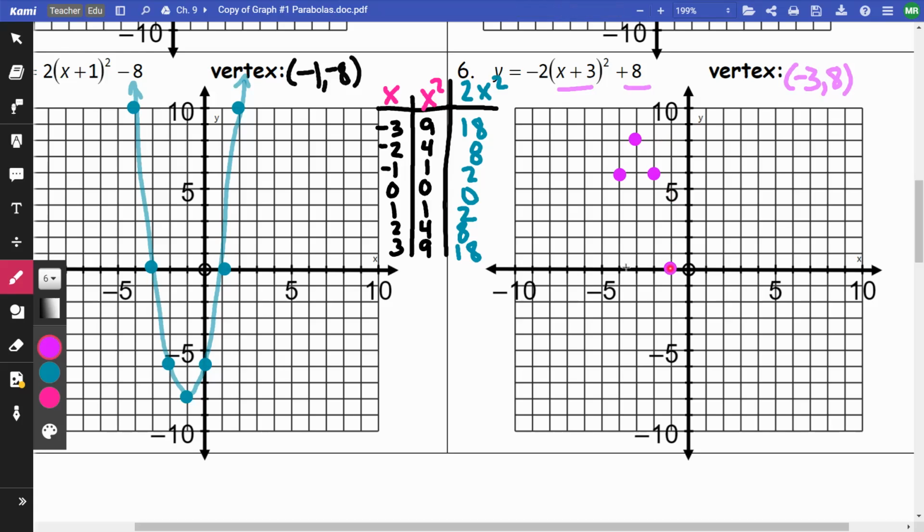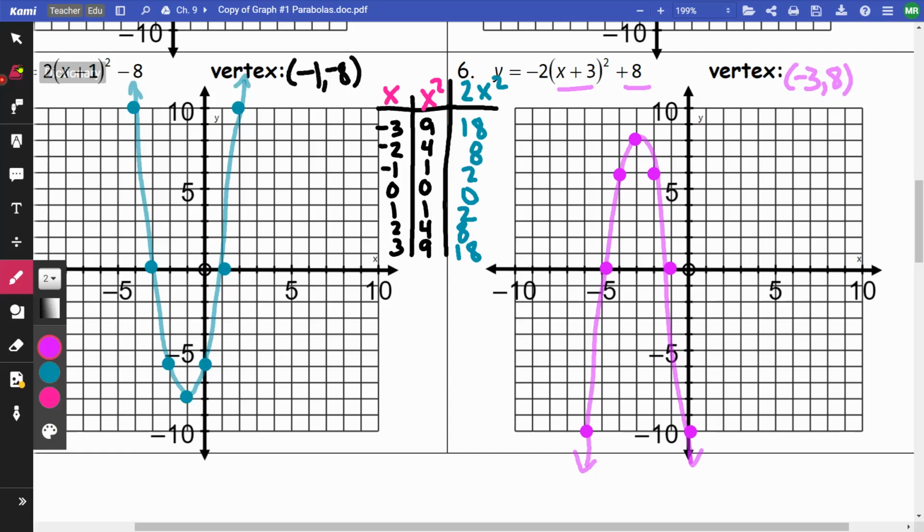It's going to put me right here. If I go out 1, 2, 3, 3 squared is 9, I times 9 by -2, and I get -18. And that's our parabola. It's an open down parabola.